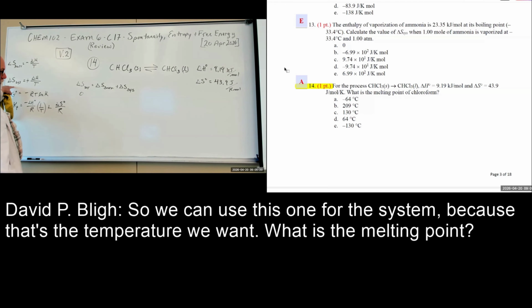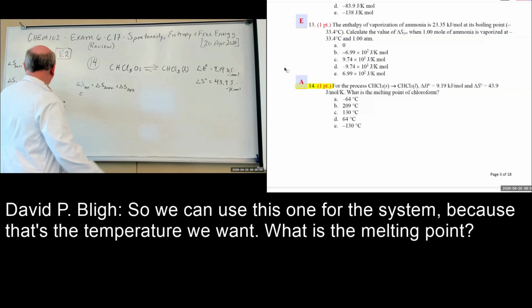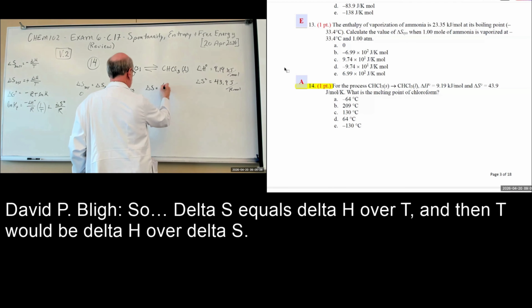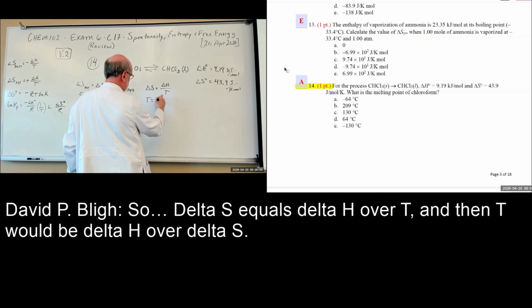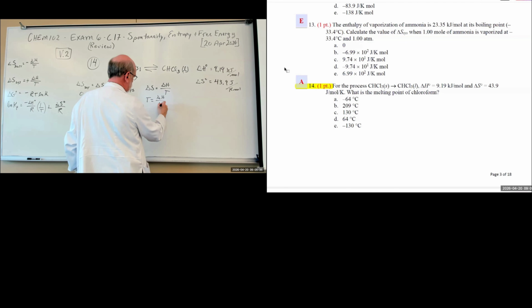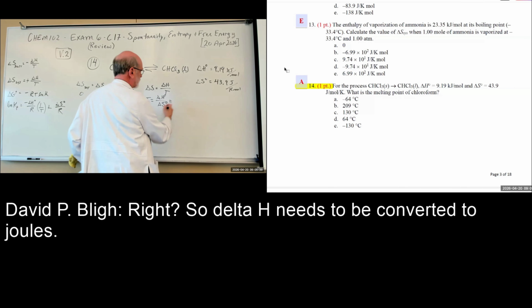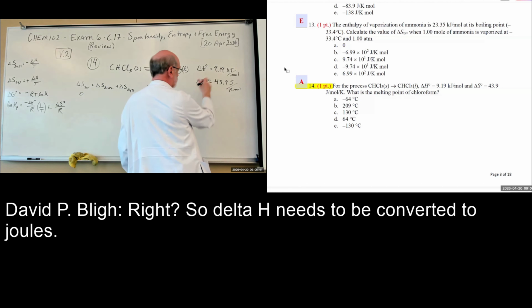So we can use this one for the system because that's the temperature we want. What is the melting point? So delta S equals delta H over T, and then T would be delta H over delta S. Under standard conditions. Right. So delta H needs to be converted to joules.